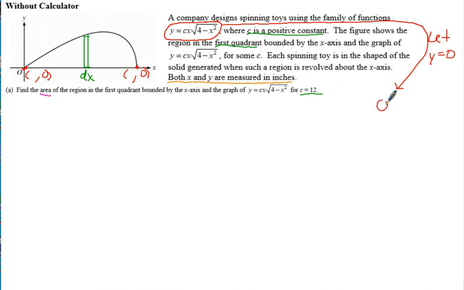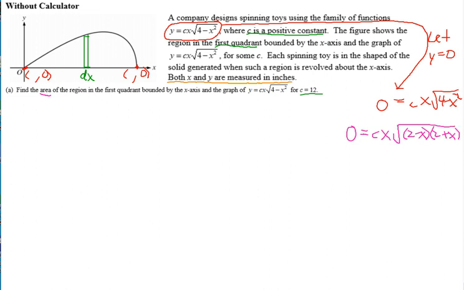So it'd be 0 equals c x square root of 4 minus x squared. And you can see that factors inside the square root. 4 minus x squared is the difference of perfect squares into 2 minus x and 2 plus x. So one of these has to be 0.